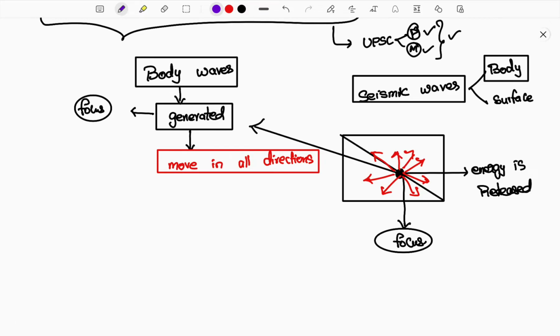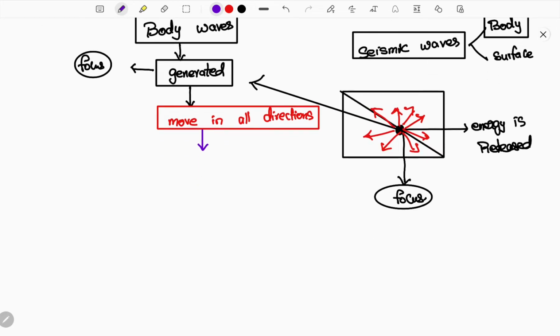Can whatever wave moves in all directions be called a body wave? No. While moving in all directions, these body waves are moving only in the interior of the earth. Unless these waves travel inside the earth, they are not called body waves.